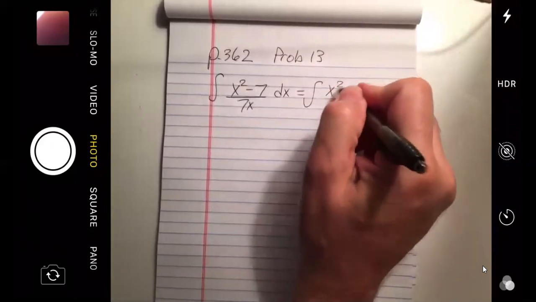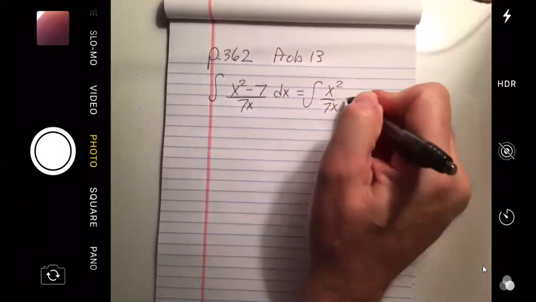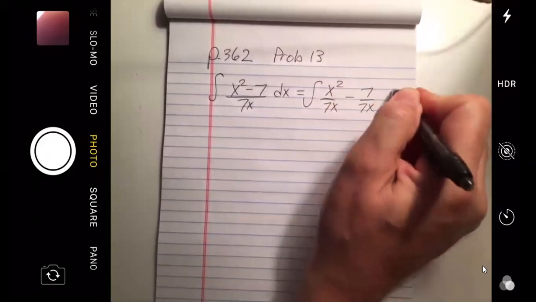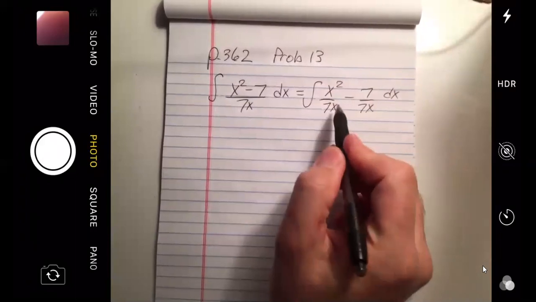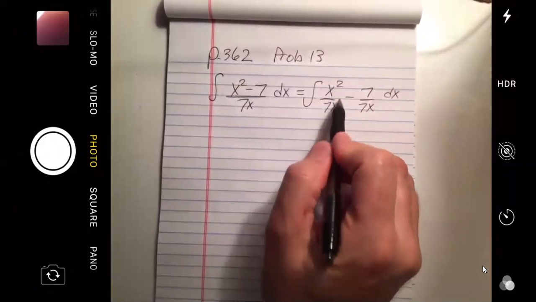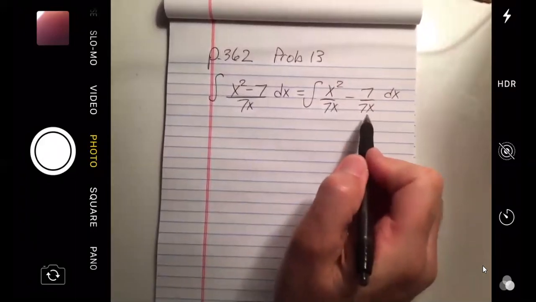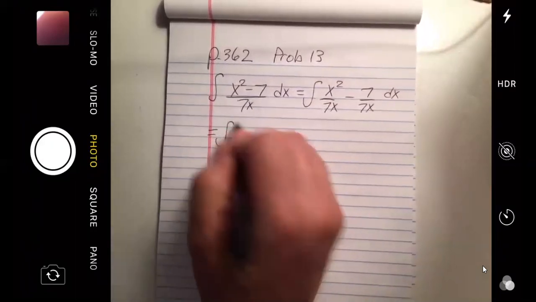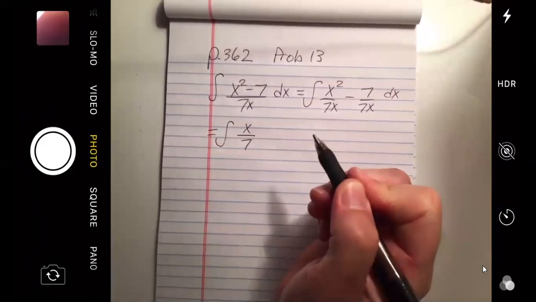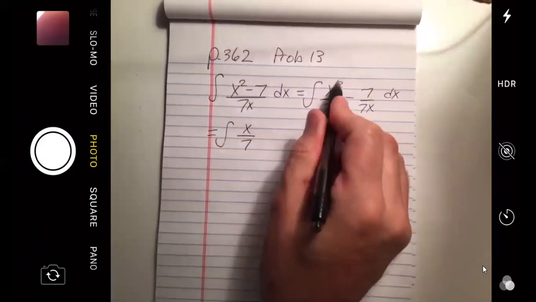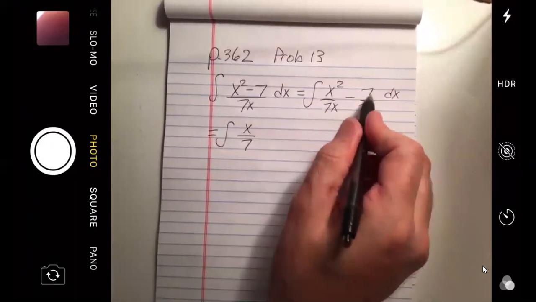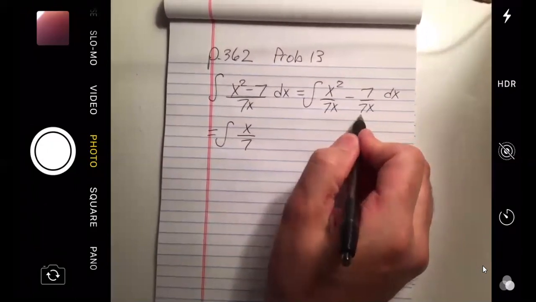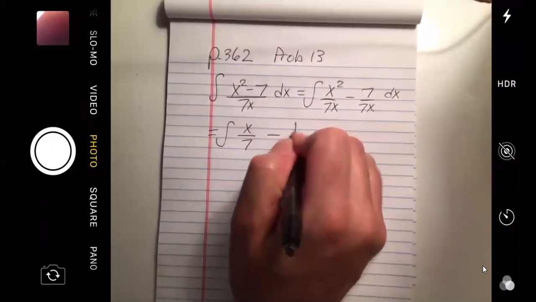You'd have x squared over 7x minus 7 over 7x, and you can simply divide out, since powers over each other subtract. So this leaves you x divided by 7, because the x here cancels that one. On the last piece, the 7's cancel, leaving you 1 over x, dx.